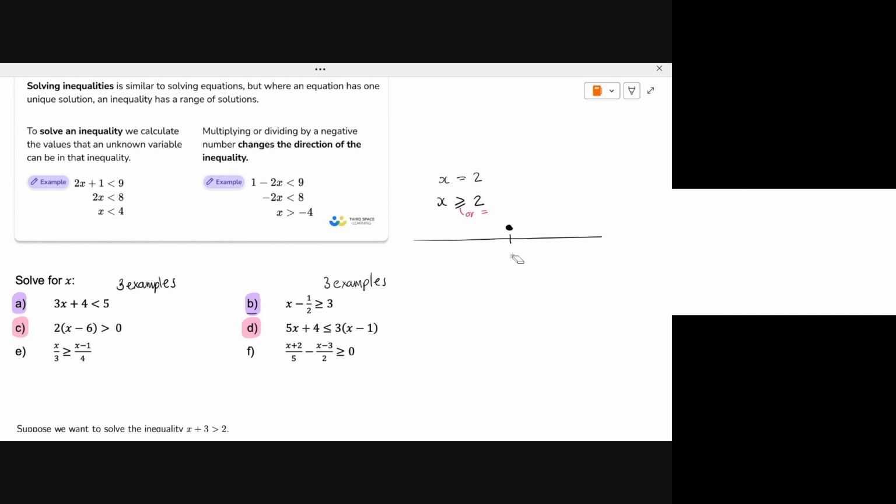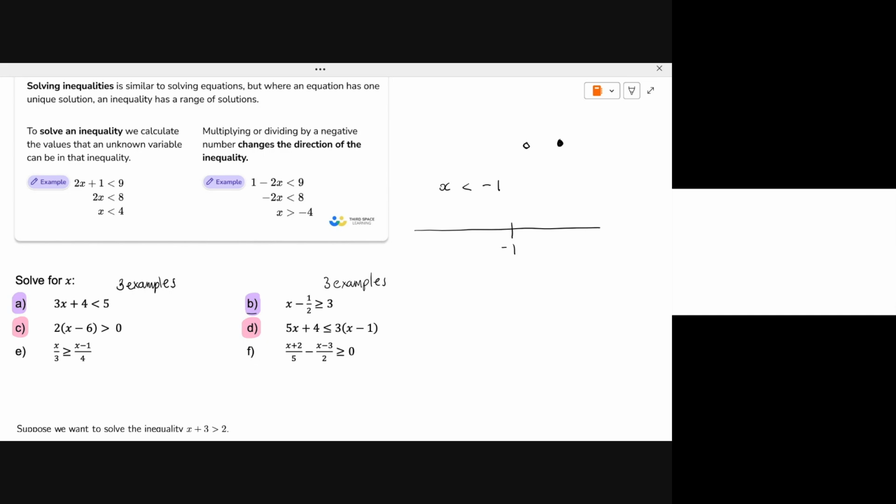All right, so again, if we find that the answer is x is less than -1, then no worries, Lorianne, great for you to join us. If I find that x is less than -1, I'm going to draw a number line, and I'm going to draw a line for -1. Now, I'm going to ask you guys, am I going to draw an open dot like that, or am I going to draw a closed dot like that?